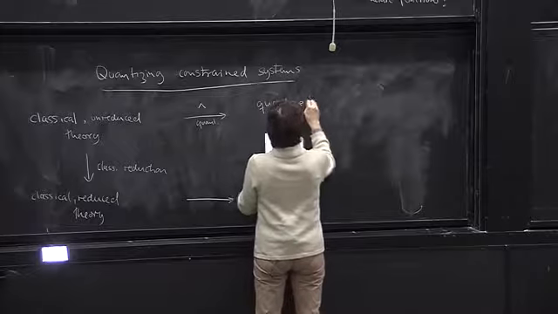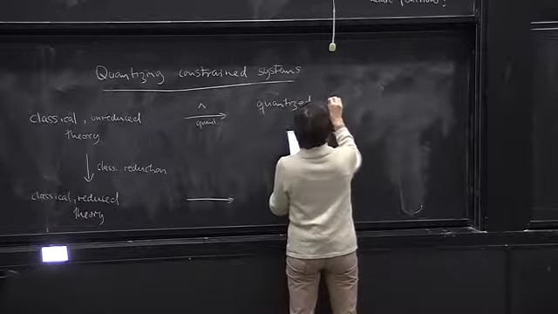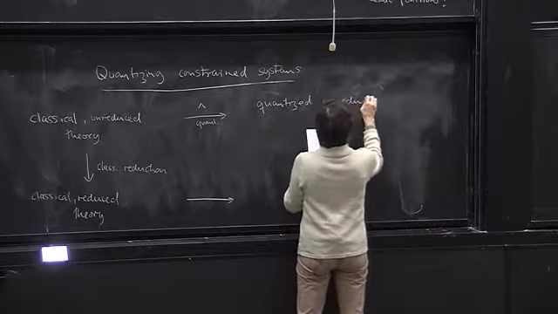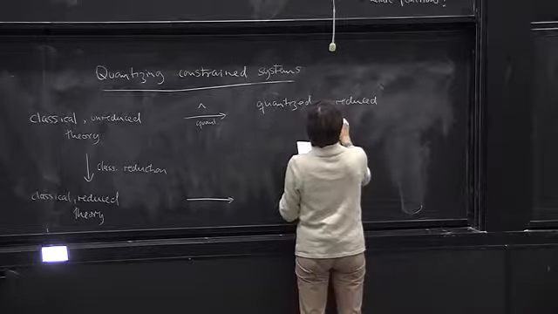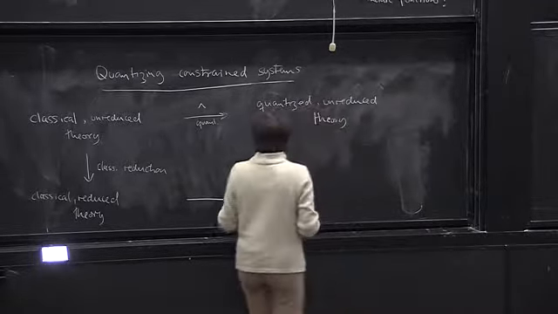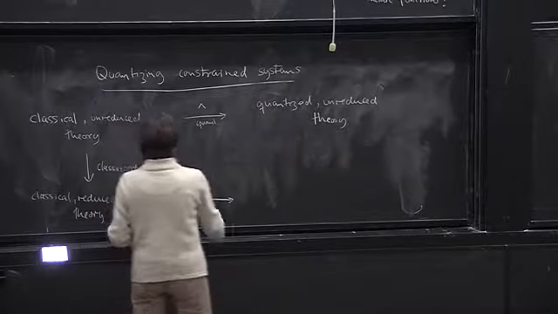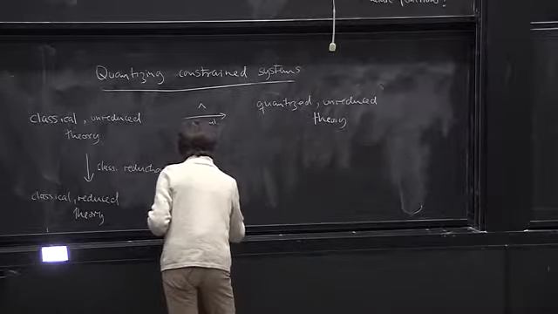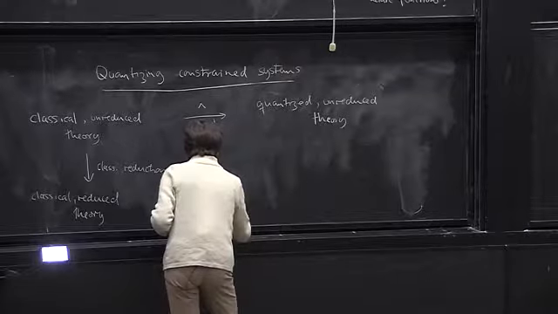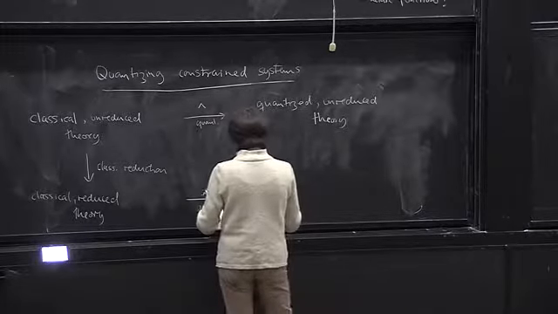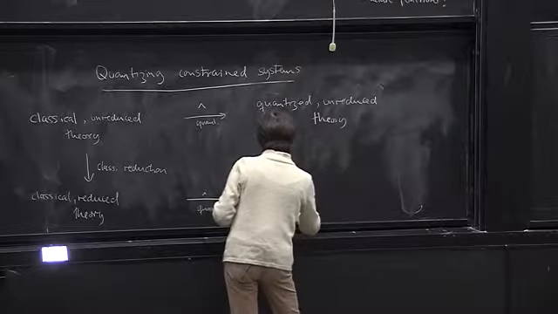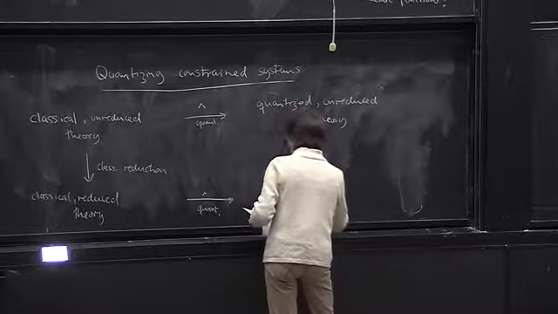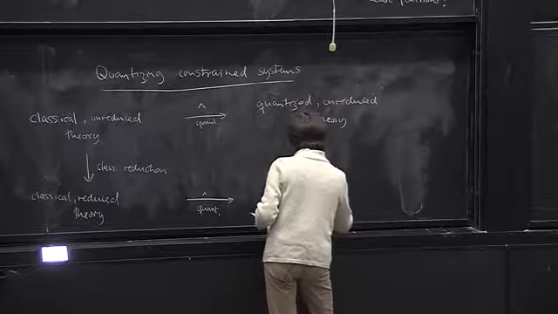I arrive at a quantized unreduced theory. And similarly, if I do the same for my classically reduced system, I arrive at a reduced quantum theory.